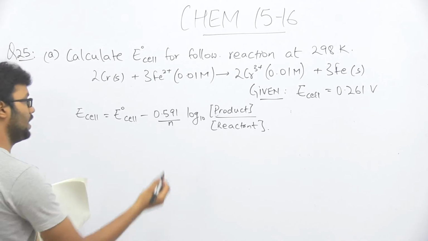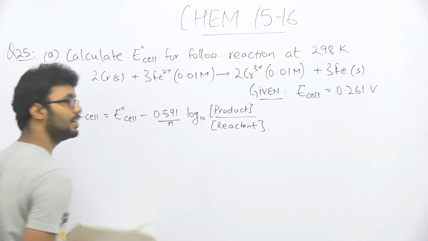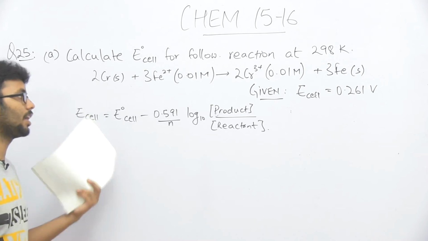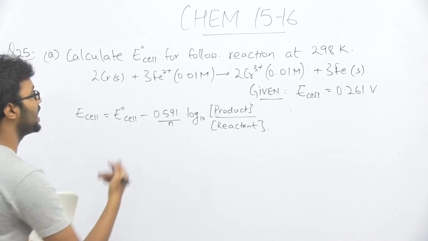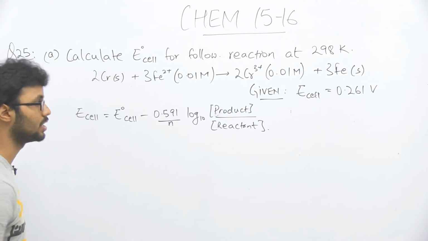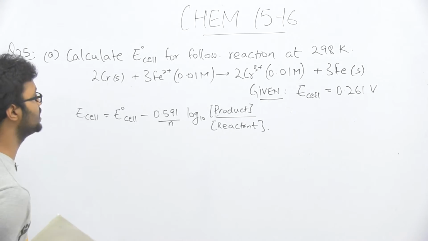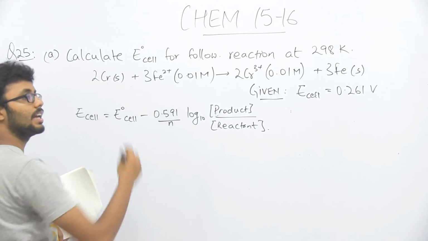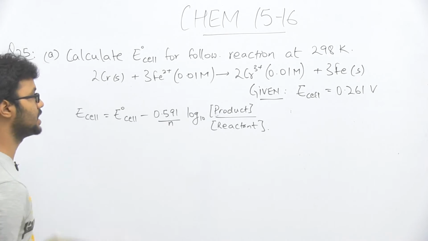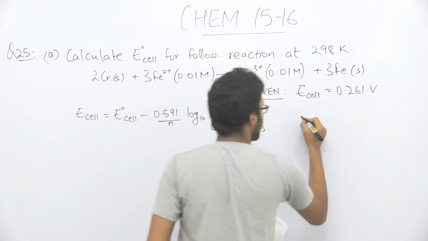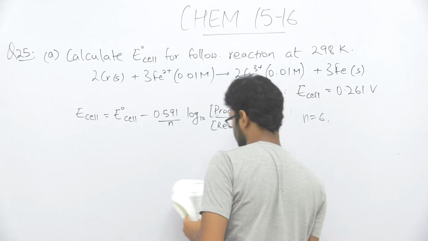So here n is basically the number of electrons being exchanged in the reaction. So here we can clearly see that 6 electrons are being exchanged in the reaction. So the value of n equals 6.